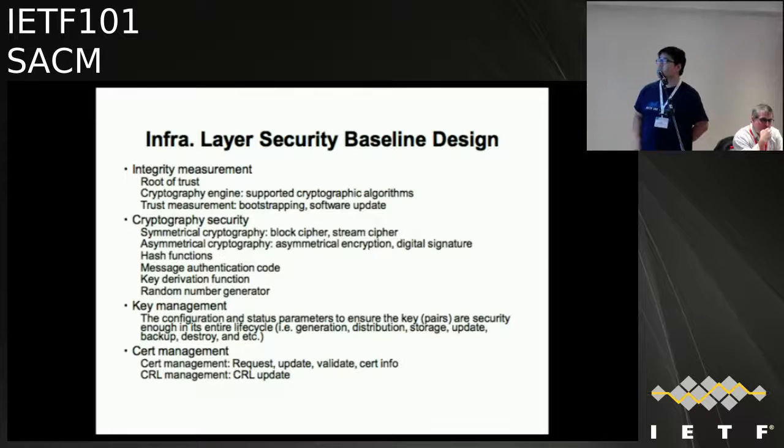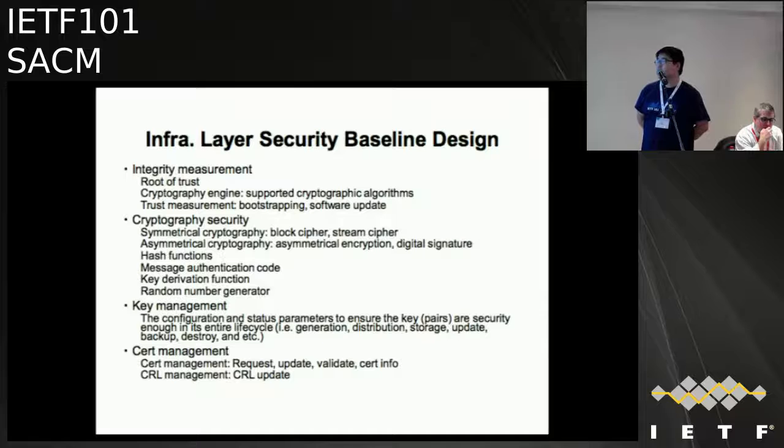The key point of this submodule is the store of the key of trust and the supported cryptography algorithms in the cryptography engine, and the configuration parameters of the trust measurements, and we cover all the aspects of the configuration parameters.